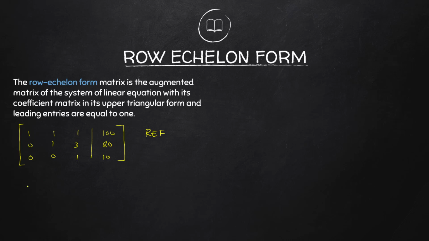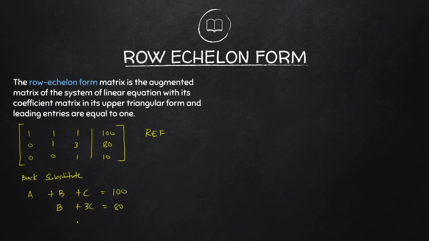If you are going to back substitute, you have your equations A plus B plus C equal to 100. From the second row, that would be 0A plus B plus 3C equal to 80.